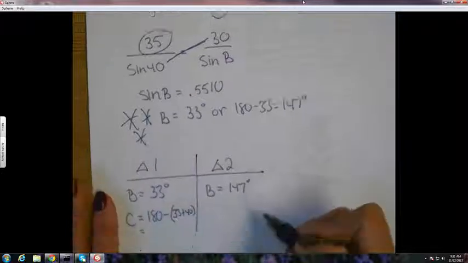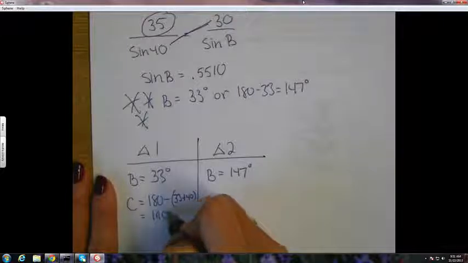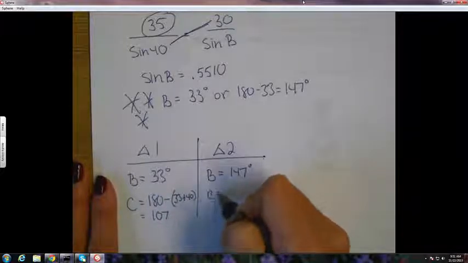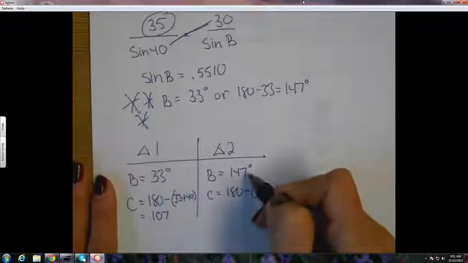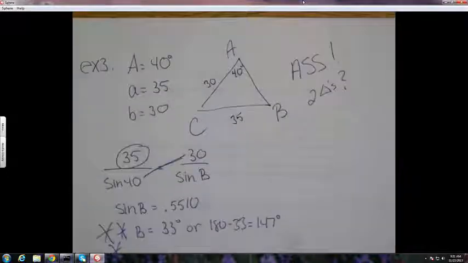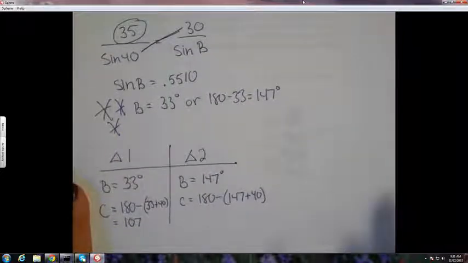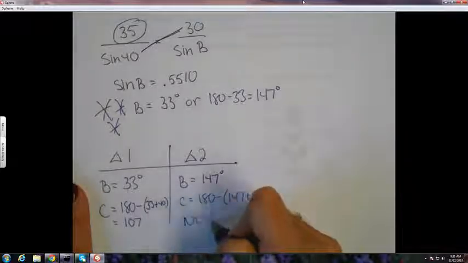What's left for angle C here? 107. How about over here? I found 147. I started with 40. Why doesn't it exist? It's already over 180 for those two. So this second triangle doesn't exist.